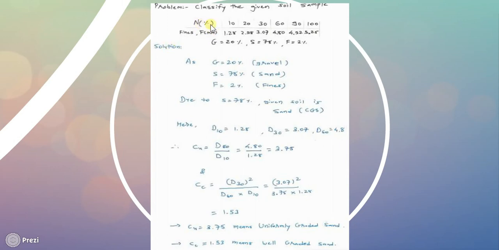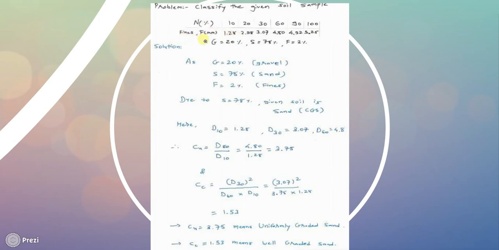N percentage shows percentage passing or percentage finer, and F in mm shows particle size, for how much percentage finer. So for 10% finer material, the size is 1.28 mm.